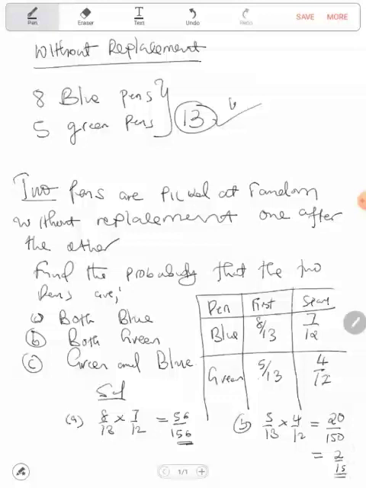Then C, green and blue. Now they haven't specified which one is at the beginning. It can be green then blue, or blue at first then green at the end. This one is the same as different colors, so they can't specify. So what I'm saying here is we can have the probability of green and blue, or the probability of blue and green.